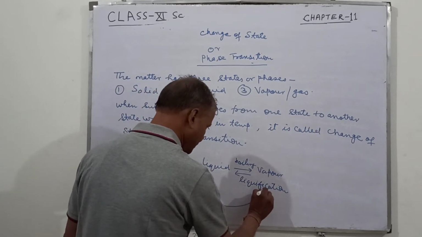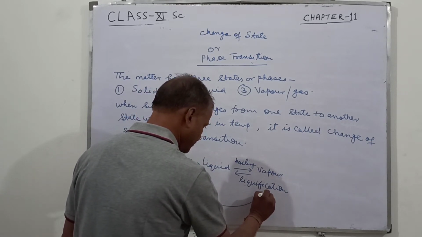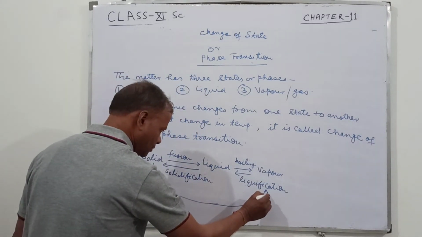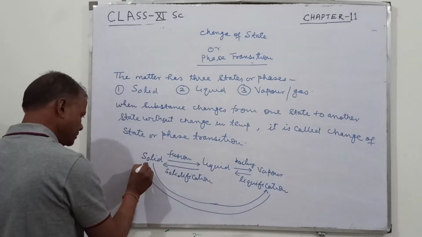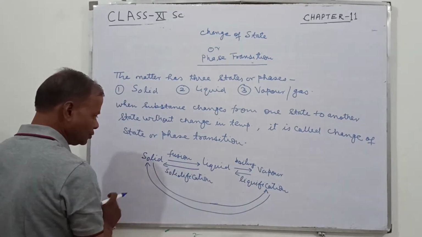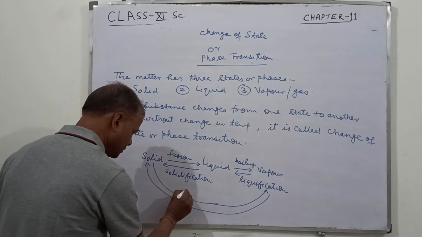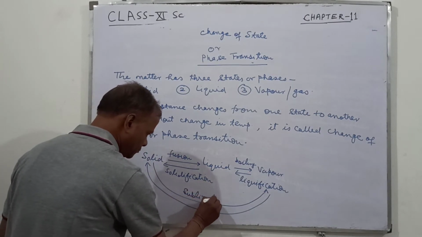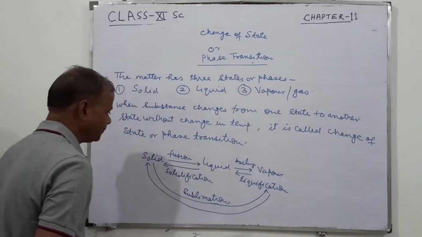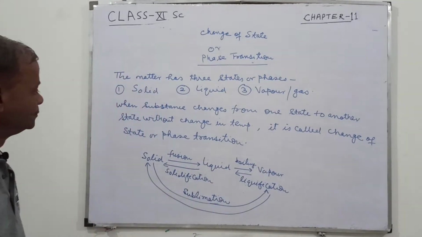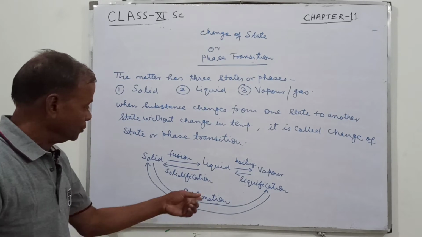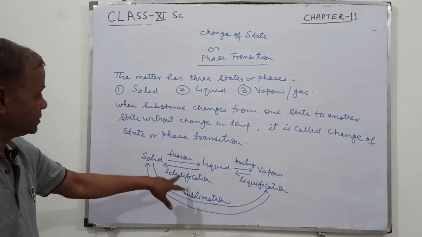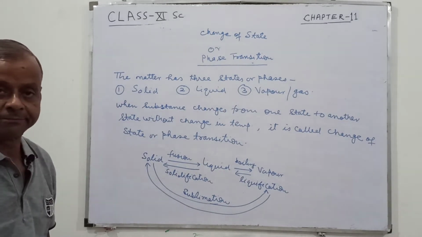Solid into vapor, then this is called sublimation, or if we have like this from vapor to solid, then it is also called sublimation. So this is called the change of state or the phase transition.